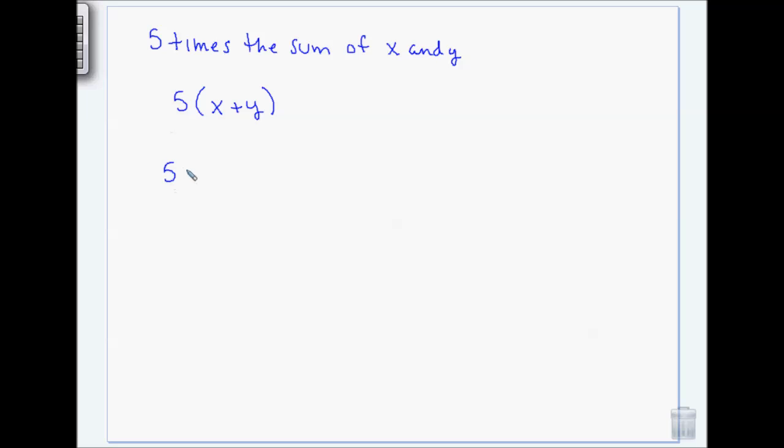Or if it says 5 times the difference, you're going to have that difference, or the subtraction, inside parentheses, because it's 5 times the sum and 5 times the difference, not just 5 times X and Y. Does that make sense?